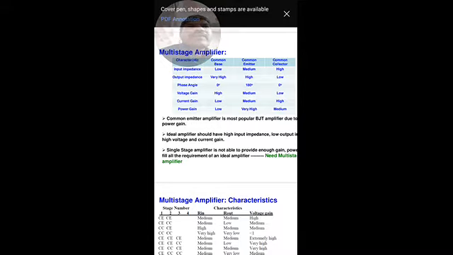And in common collector, emitter acts as the output terminal, and the base is the input terminal, which is very lightly doped. So the very lightly doped base is the input region in common collector, and emitter is the output.